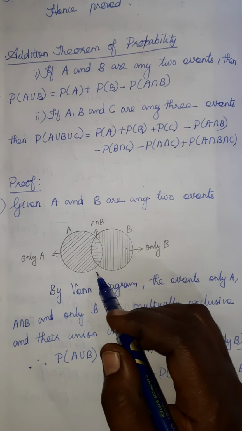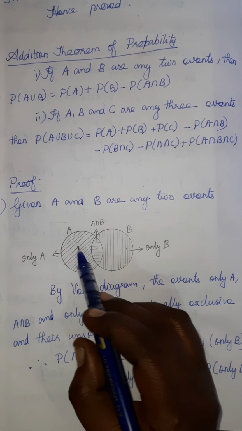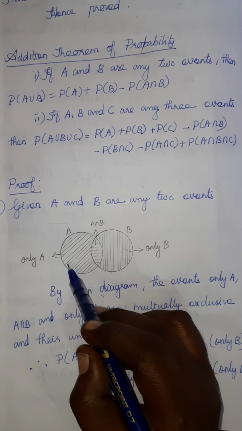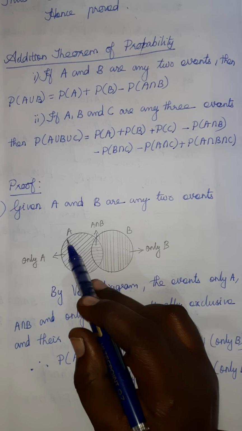Now from the Venn diagram you know the probability of only A means the total probability of A minus this intersection. Am I correct?